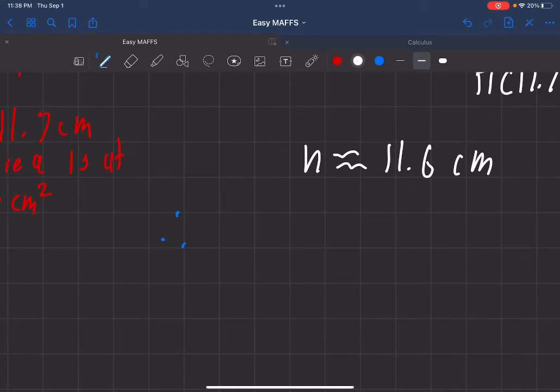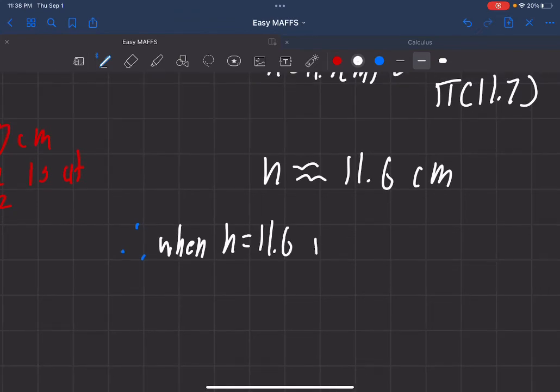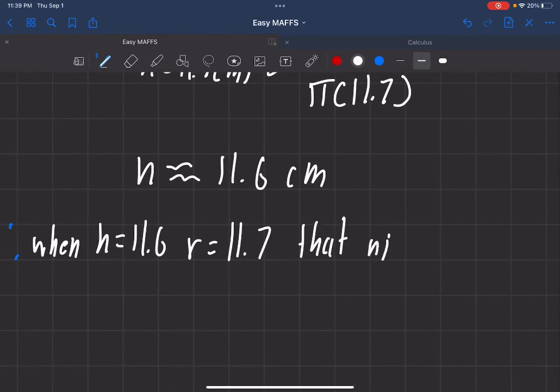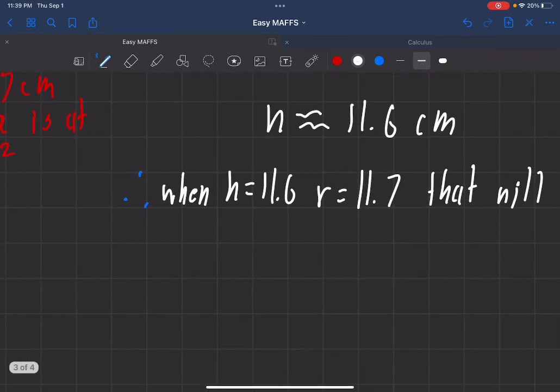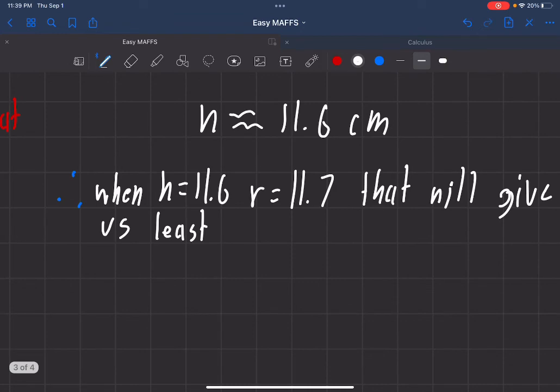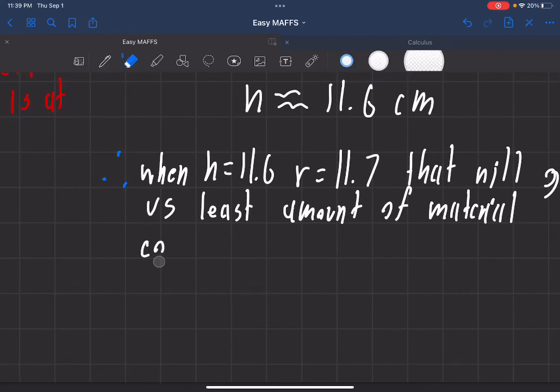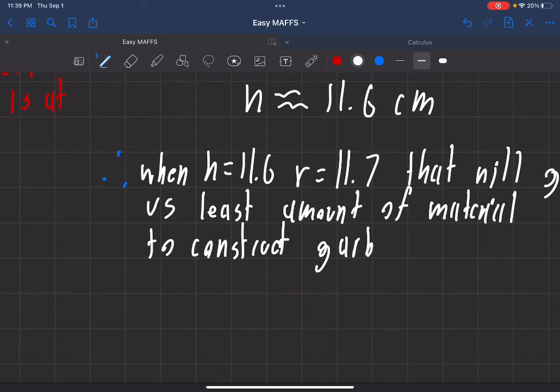So therefore, when height equals 11.6 and radius equals 11.7, that will give us the least amount of material to construct a garbage can with a volume equal to 5,000 centimeters cubed.